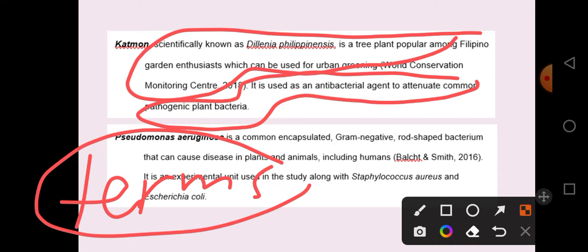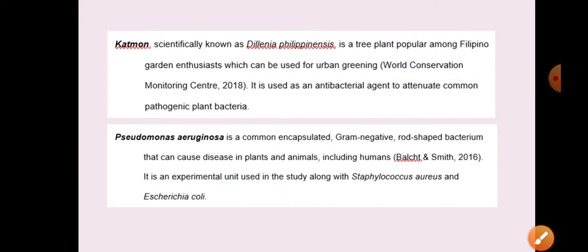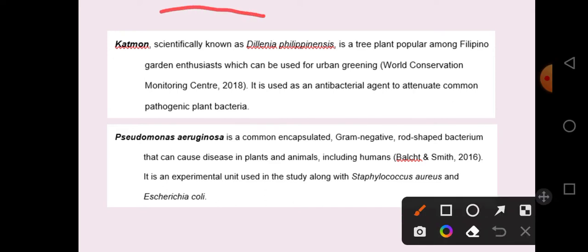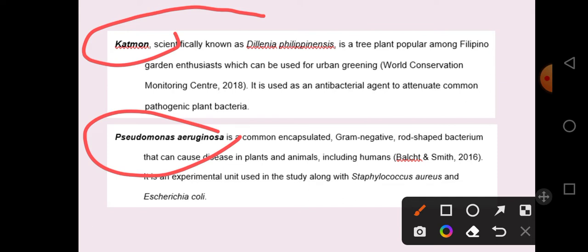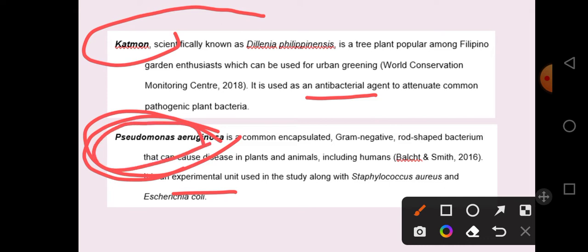So we have here this example. We have here Katmon and Pseudomonas aeruginosa. The study here, class, is that the Katmon plant will be used to produce an antibacterial agent that could diminish the zone of inhibition. Then the Pseudomonas aeruginosa is used as an experimental unit in your study, and it has a measurable variable known as the zone of inhibition.